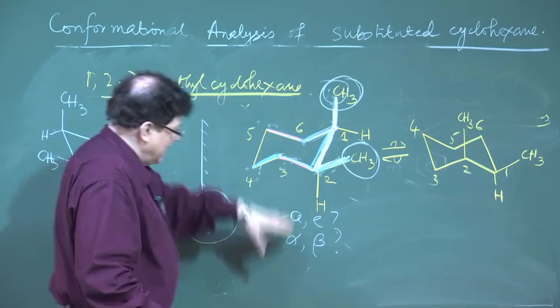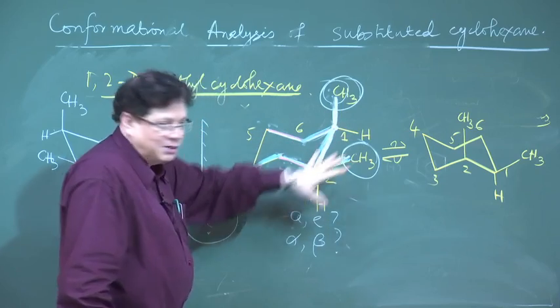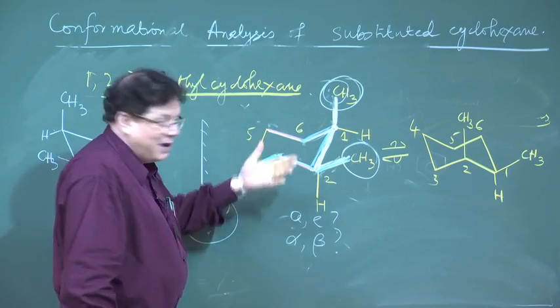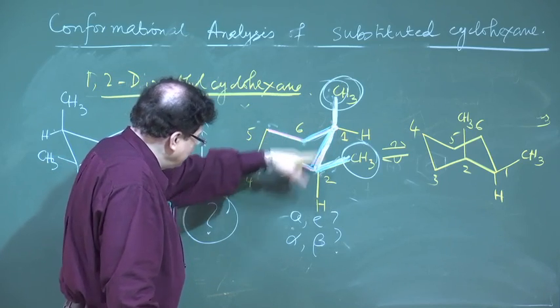One is, as I said, axial equatorial nature of the substituent, the other is the alpha beta nature of the substituent, and a third parameter I am introducing, that I am trying to go from 1, then 2 to 3 to 4.